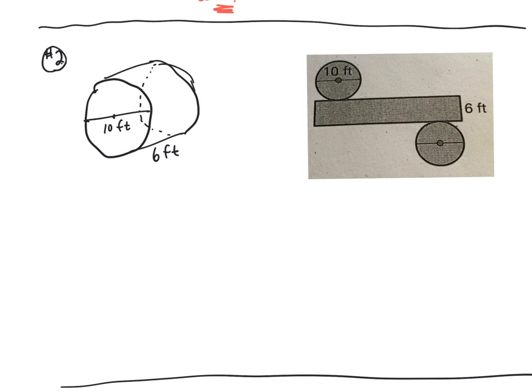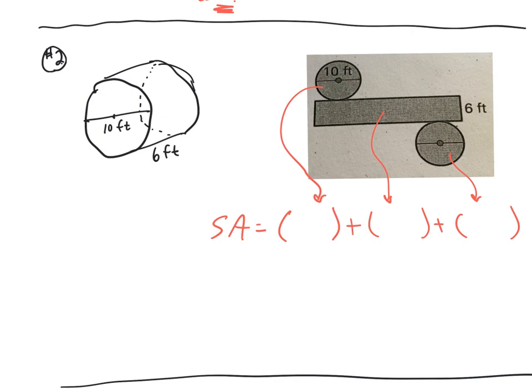And so the idea would be that to calculate surface area, we could find the area for each of those 3 shapes: the area for the top circle, the area for the rectangle, and the area for the other circle. Now we know the area of a circle is pi times the radius squared. What they've given us in the problem is the diameter.